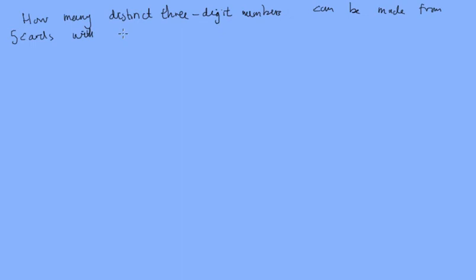How many distinct 3-digit numbers can be made from 5 cards with each of the following digits?